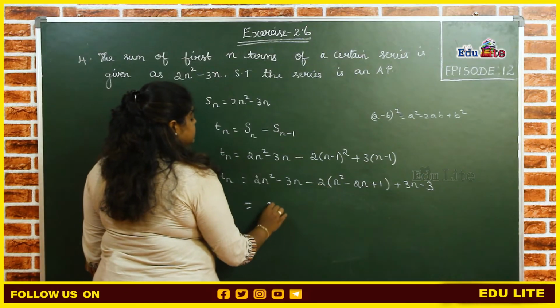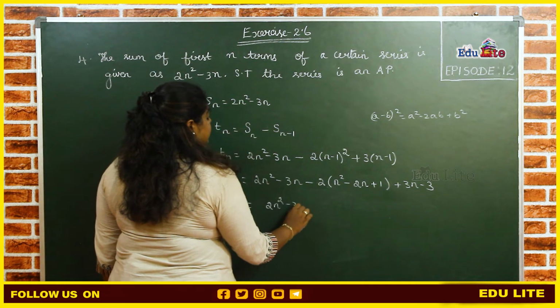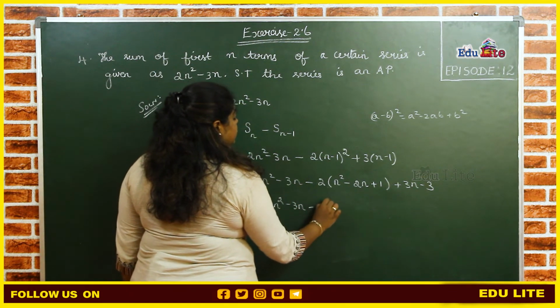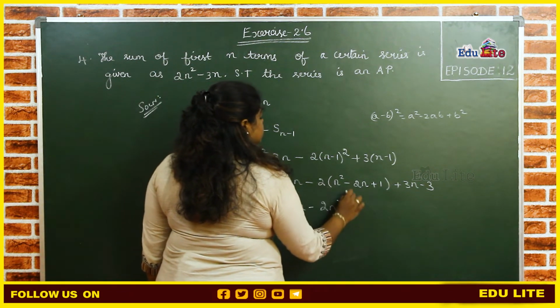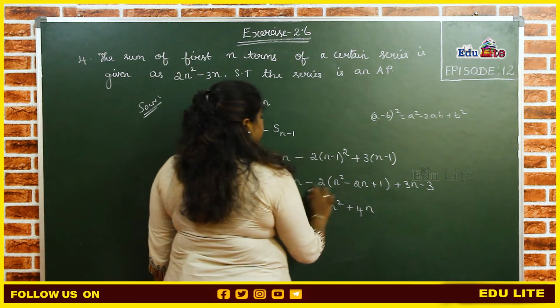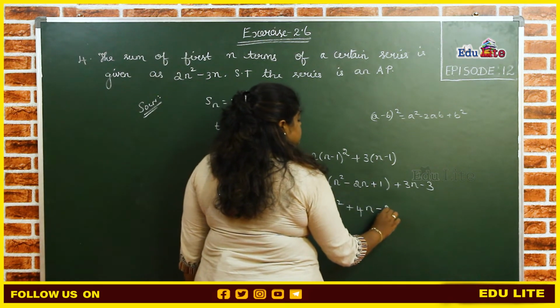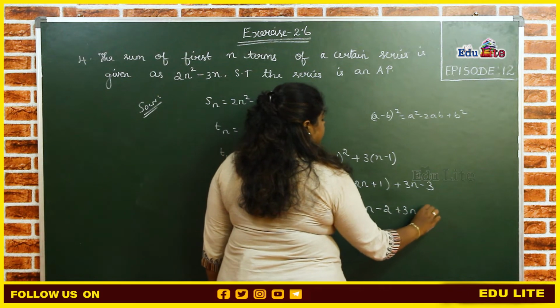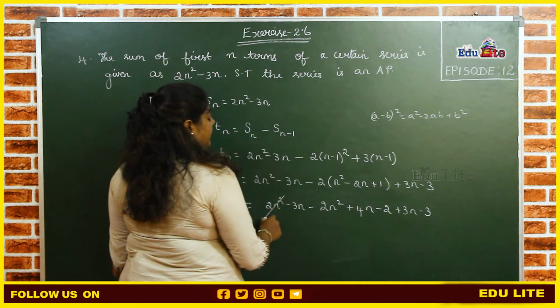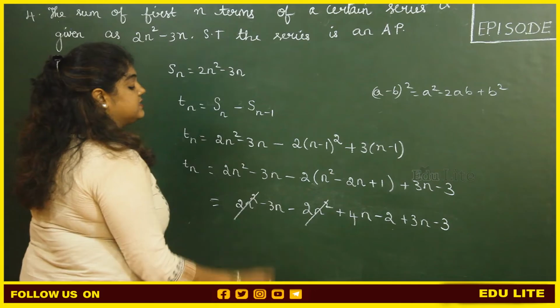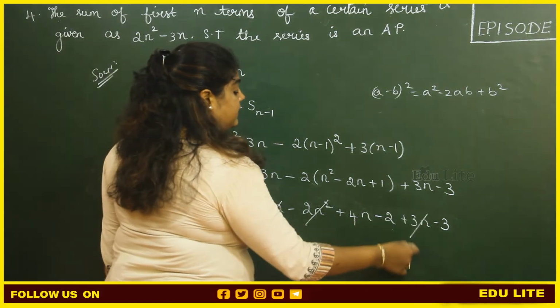So we will simplify this: 2n squared minus 3n minus 2 into n squared minus 2n plus 1 plus 3n minus 3. So plus 2n squared and minus 2n squared will get cancelled. Minus 3n and plus 3n will get cancelled.